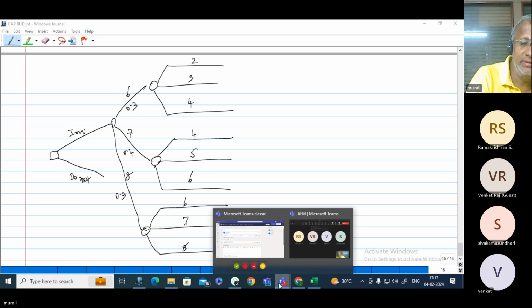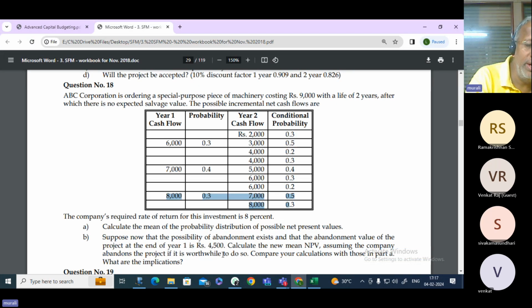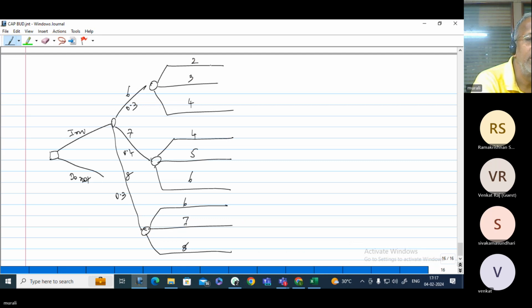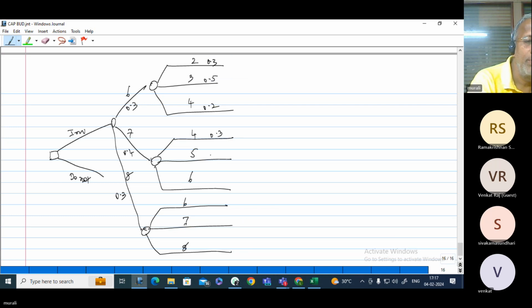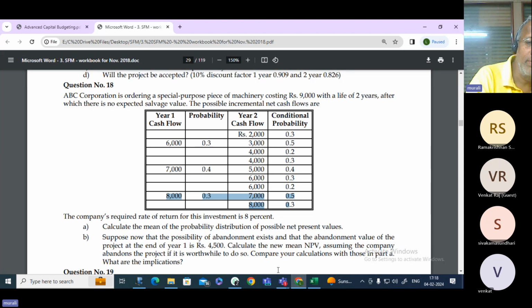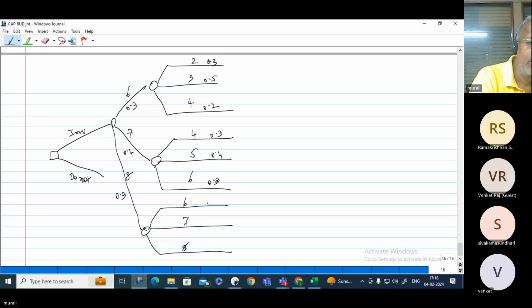Here it is 0.3, 0.5, 0.2. Then 0.3, 0.4, 0.3. Then 0.2, 0.5, and 0.3. Correct?